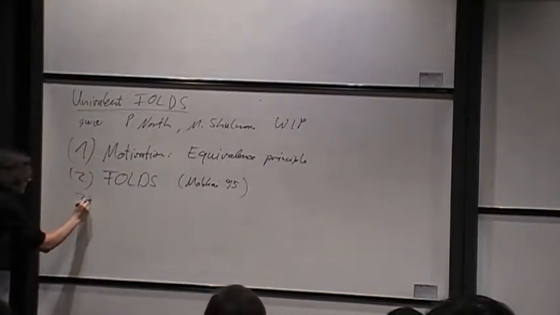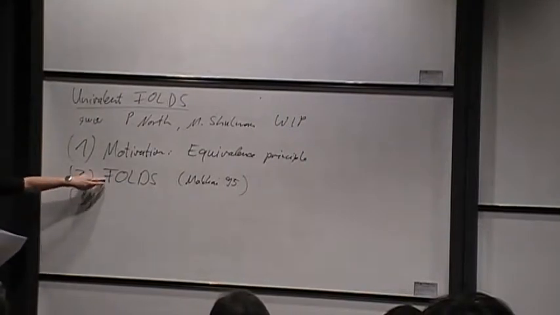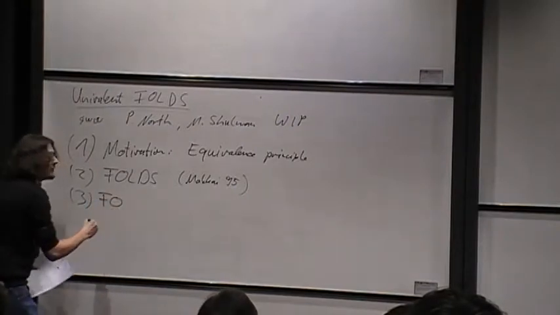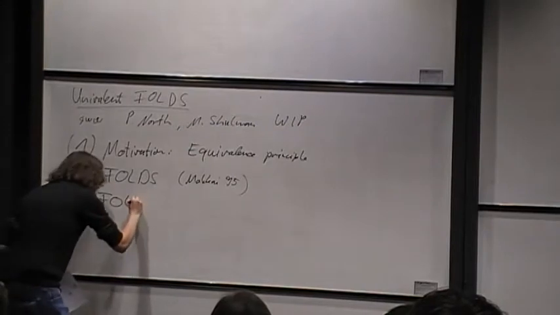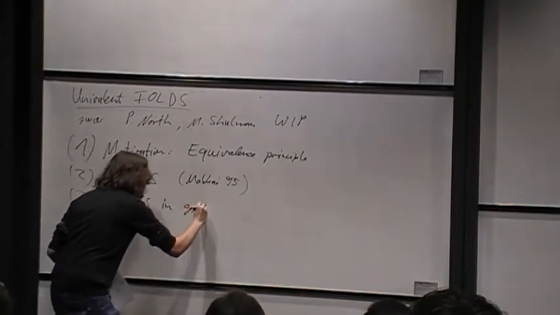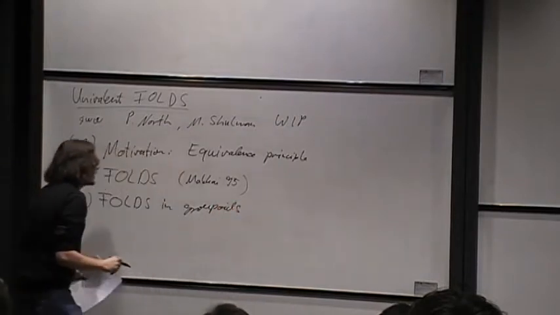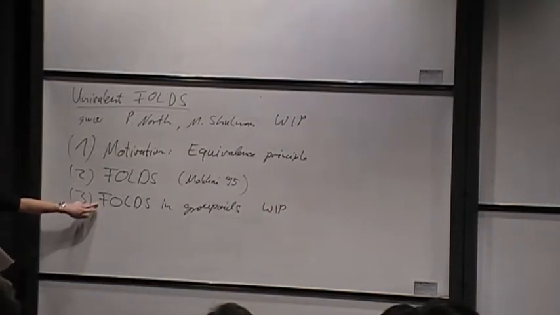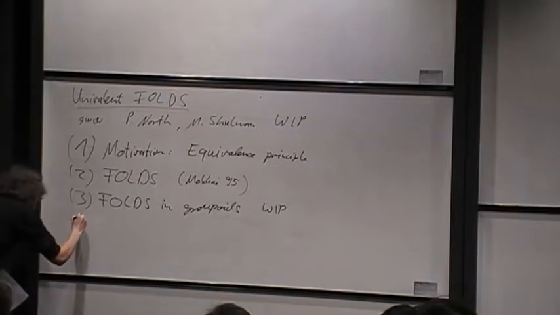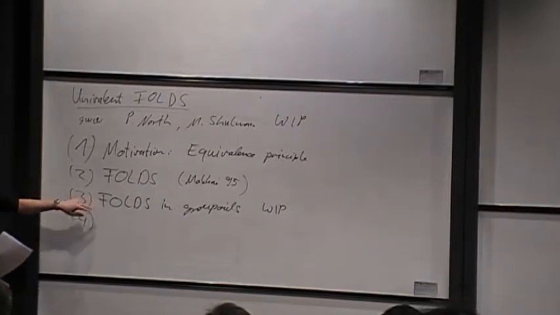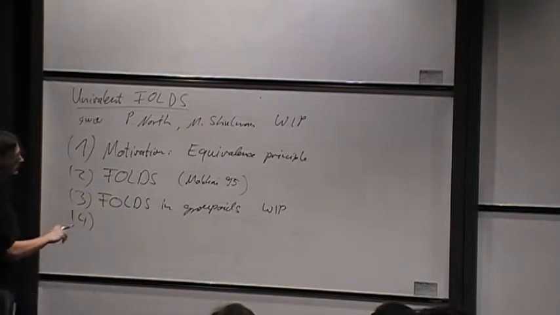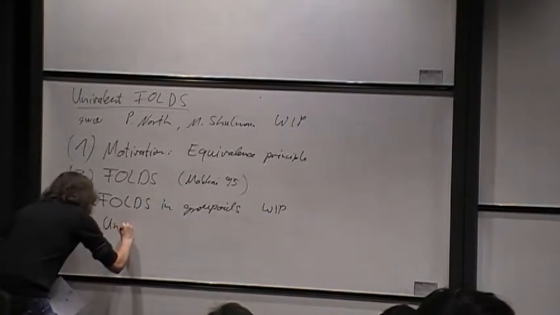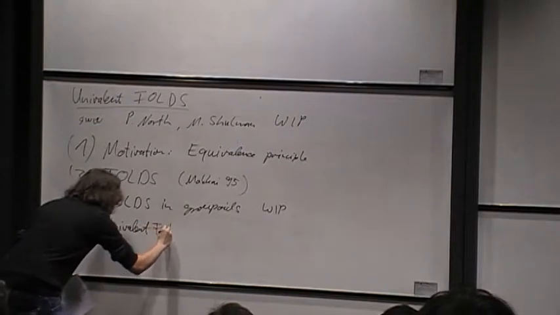And finally, I'll explain how we would like to adapt FOLDS to our purposes, namely FOLDS in univalent foundations or FOLDS in infinity-groupoids. Since this is the work in progress part, there is not much to be talked about yet, but I will go through an example of what we would like to do, the example of categories, and explain this using this example. Univalent FOLDS by example.